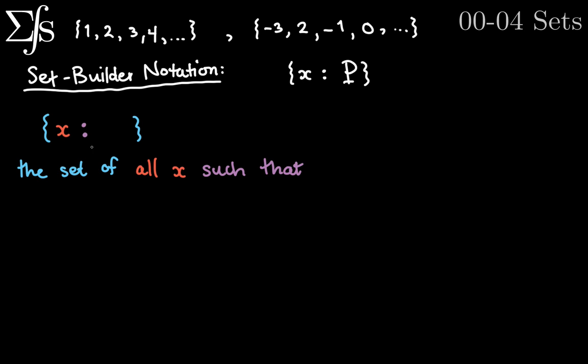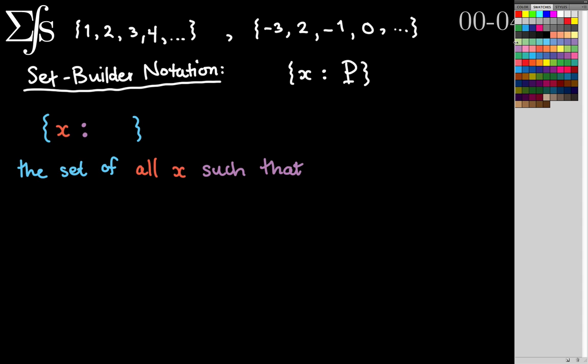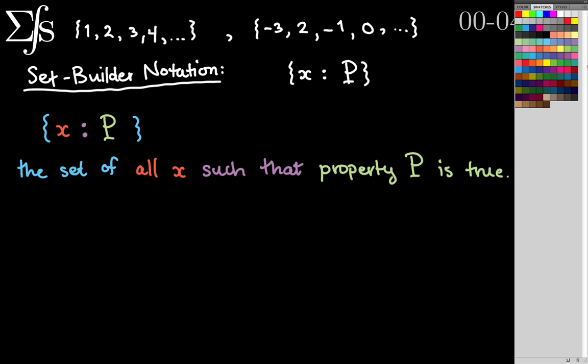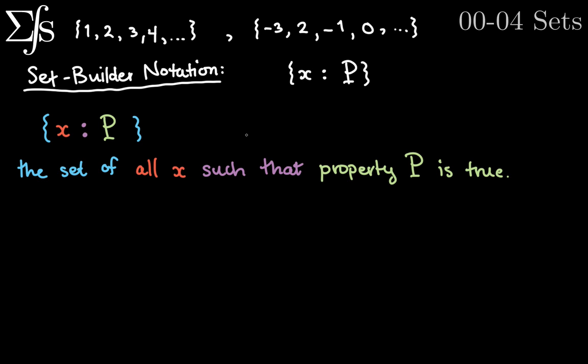So it's the set of all x such that property P holds, where property P is true. So property P doesn't have to relate to x in any way.